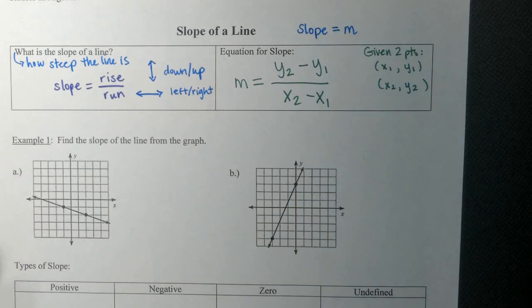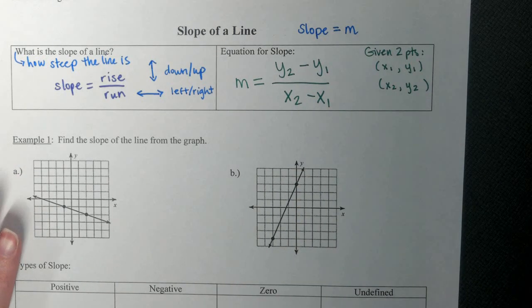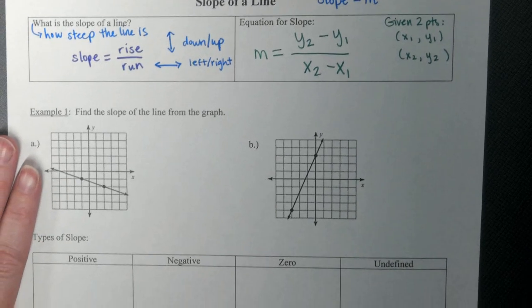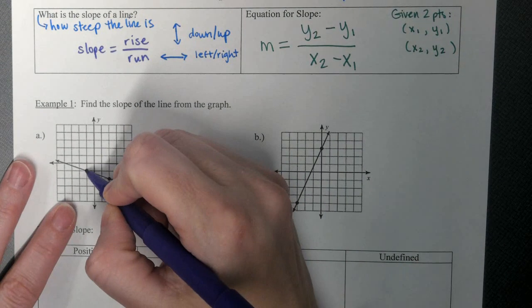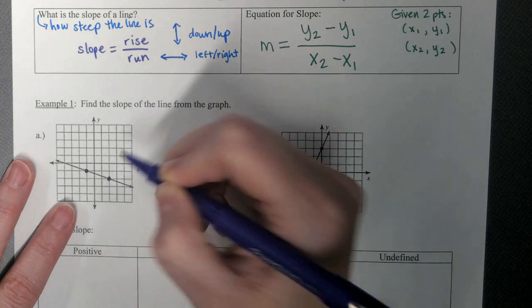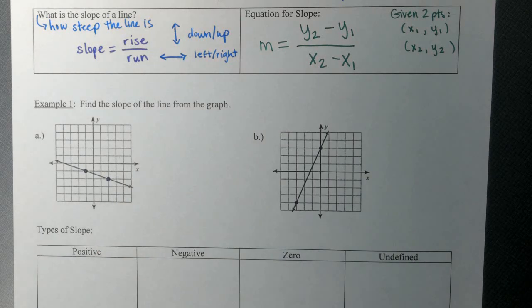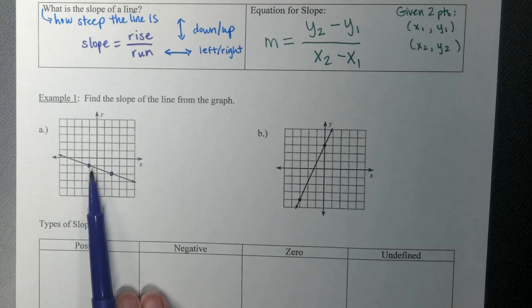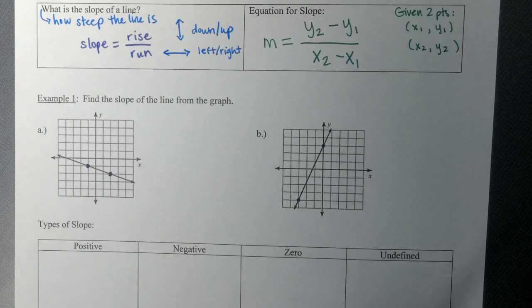Okay, so the first thing we're going to do is find the slope of the line from a graph. So you're going to have 2 points that are marked, and when that happens, you can do the rise over the run. You can always start with the point that is furthest to the left.